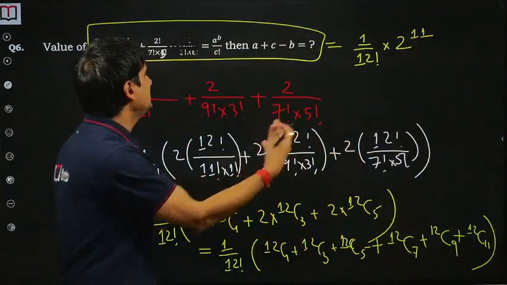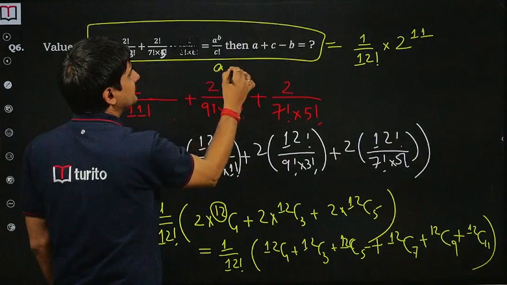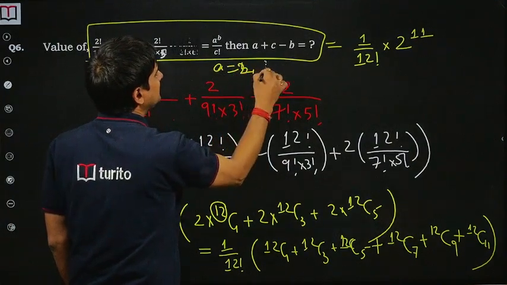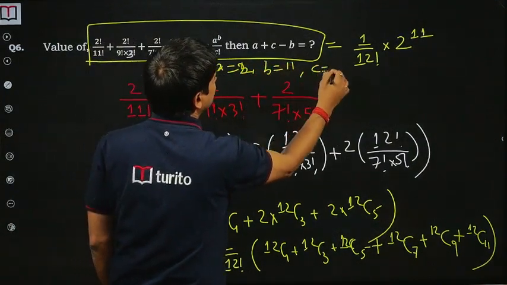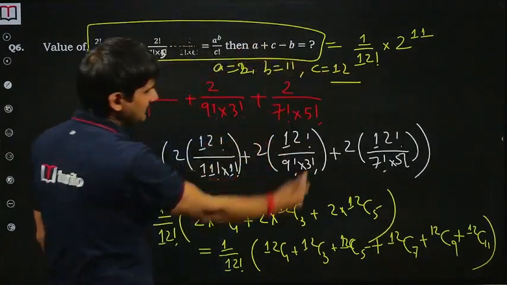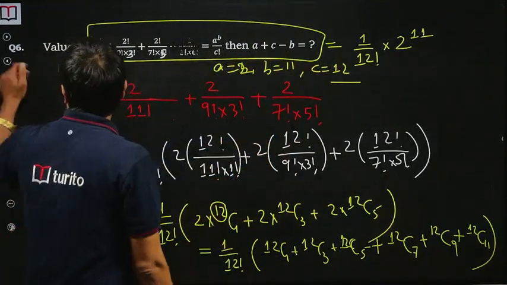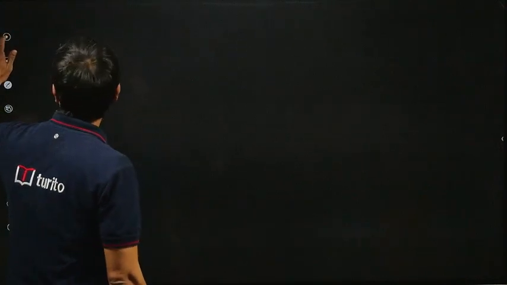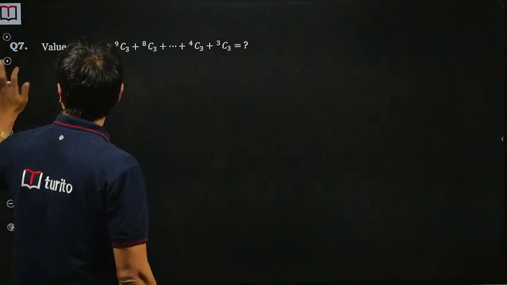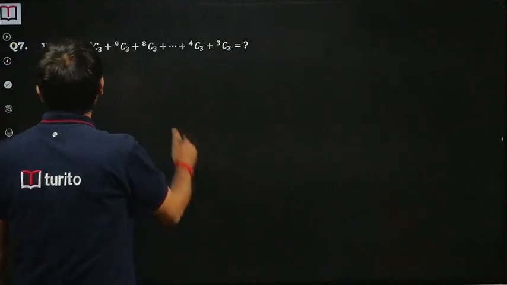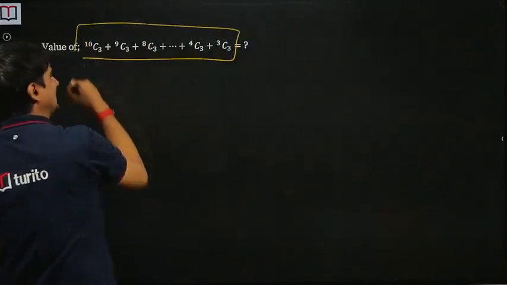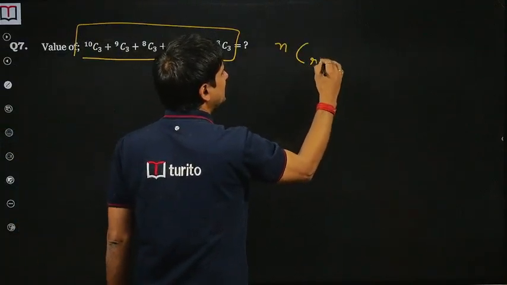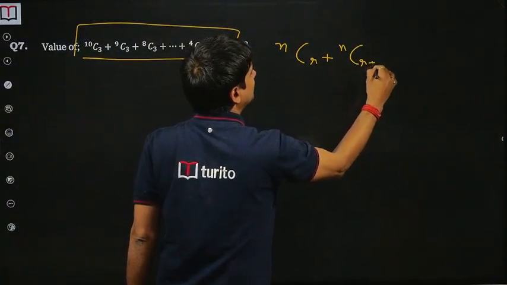Now a plus b, so a is 2, b is 11, and c is 12 here. Put the value, we get it. Okay. So a bit of mistake, but I think you won't mind it because the concept, as I say, was important. Now this is based on this property. Again, I tried to frame it based on this property.